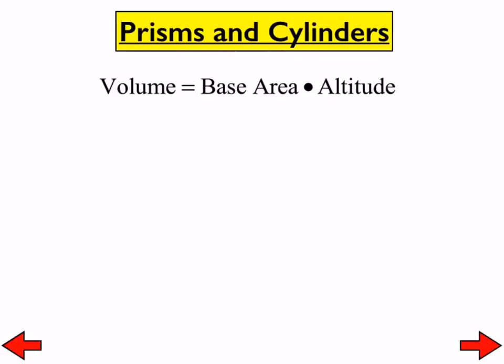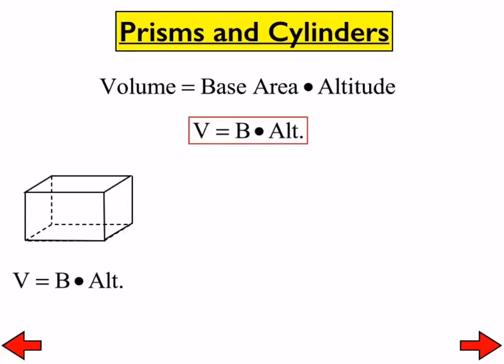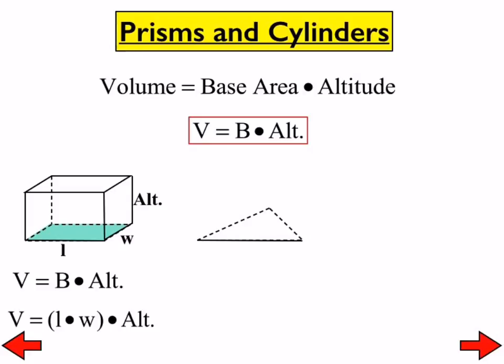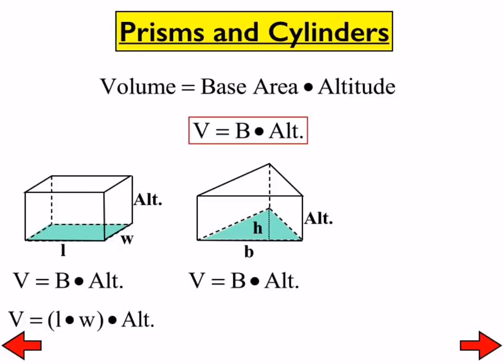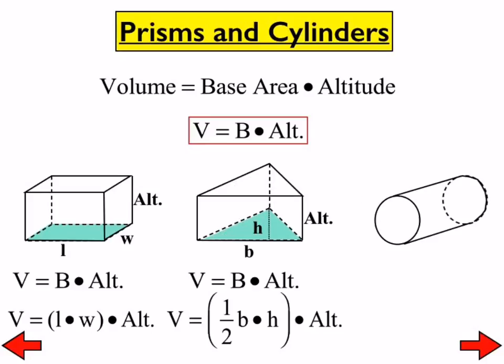Because if you slice a cylinder parallel to its base, you have a circle that's the same size as the base. So if we put all of these ideas together, here is what we have. The volume of any shape with parallel bases is the area of the base times the altitude.